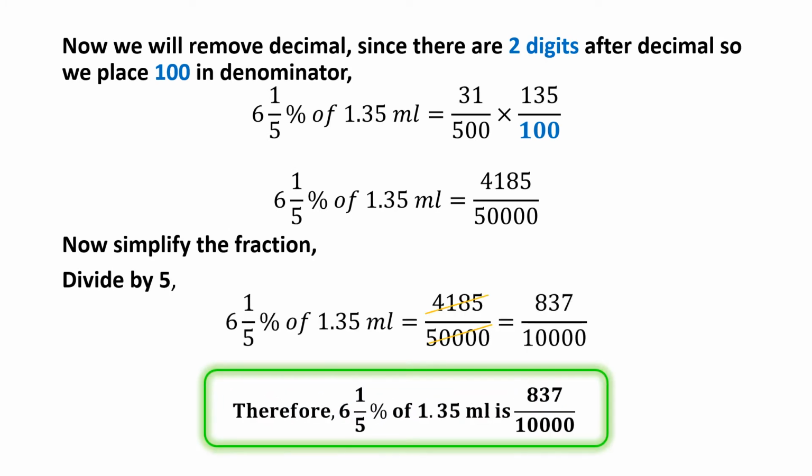Now we will remove the decimal. Since there are two digits after the decimal, we place 100 in the denominator, then simplify the fraction as shown. Therefore, 6 whole 1 upon 5% of 1.35 ml is 837 upon 10,000.